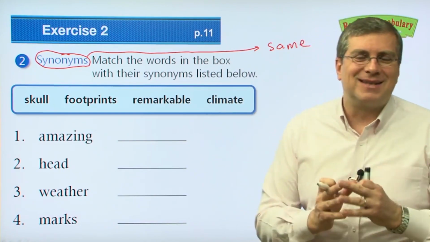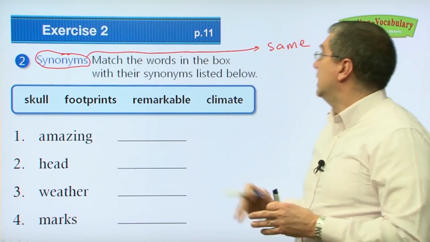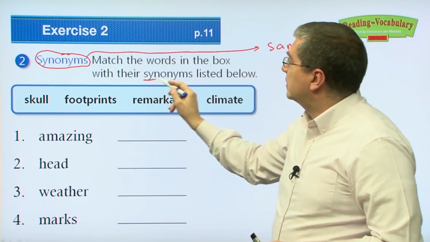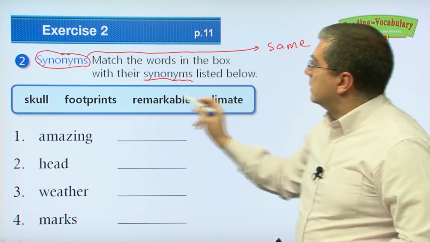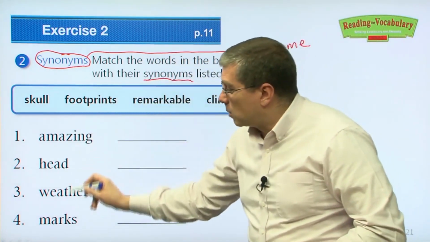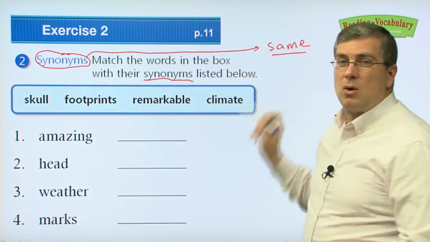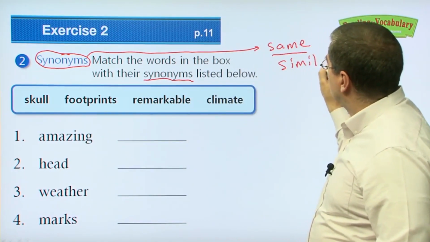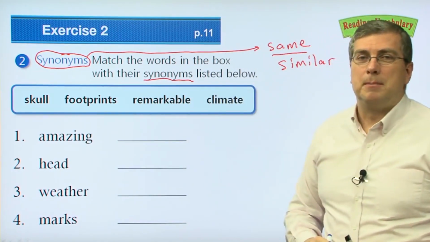So maybe not exactly the same, but similar meanings. Match the words in the box with their synonyms listed below. So these words in the box, we need to match them with the word that has the same or similar meaning.